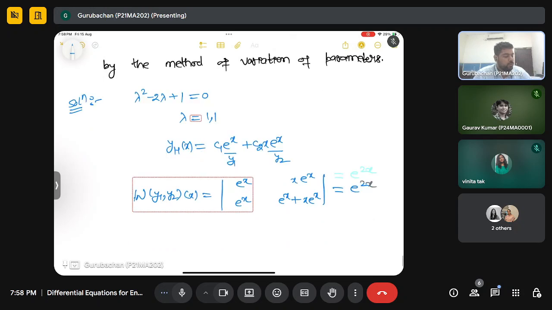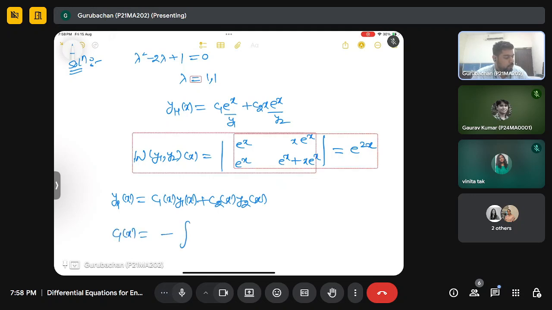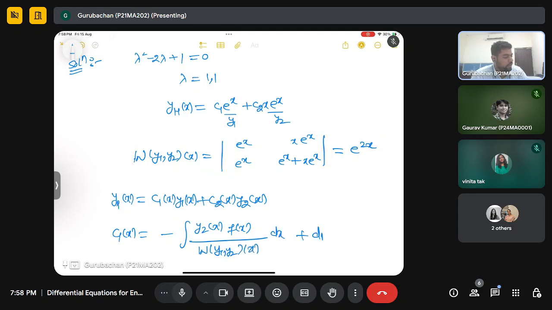Okay, so now the particular solution yp(x) is of the form c1(x) y1(x) plus c2(x) y2(x), and c1'(x) will be minus y2(x) f(x) divided by the Wronskian of y1, y2, integrated dx, plus some constant d1.